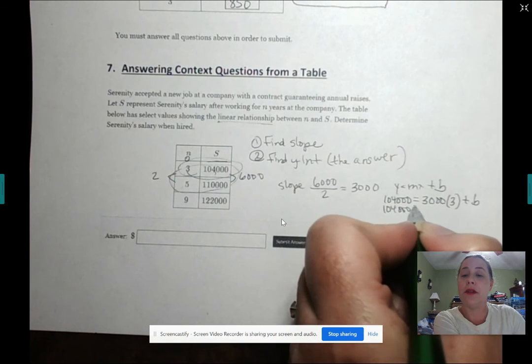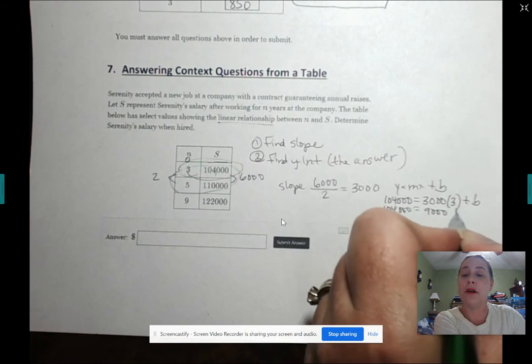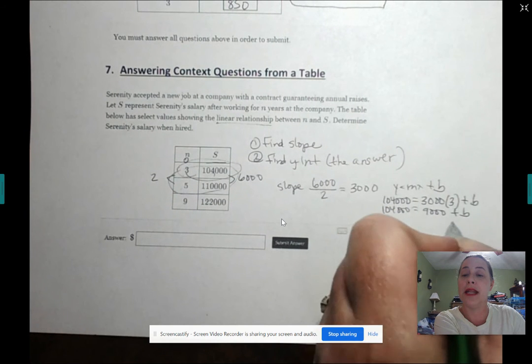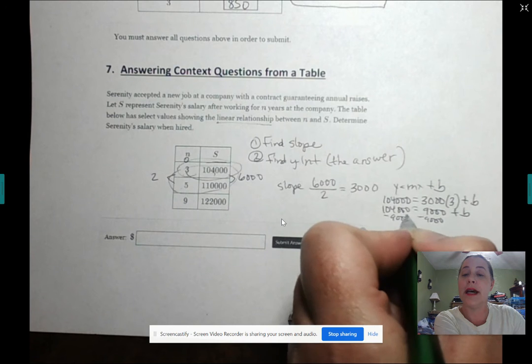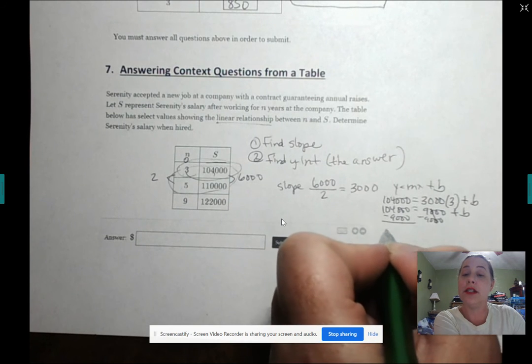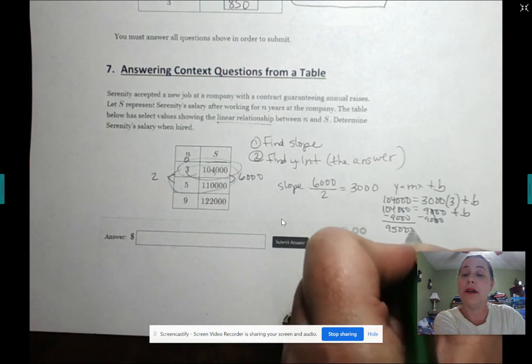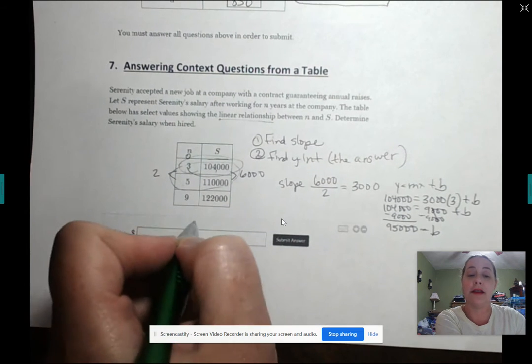But if I do the problem solving here, 3 times 3,000 would be 9,000. I need to subtract 9,000 away from her year 3 salary, and that's going to tell us what she made in her starting year, and that would be $95,000.